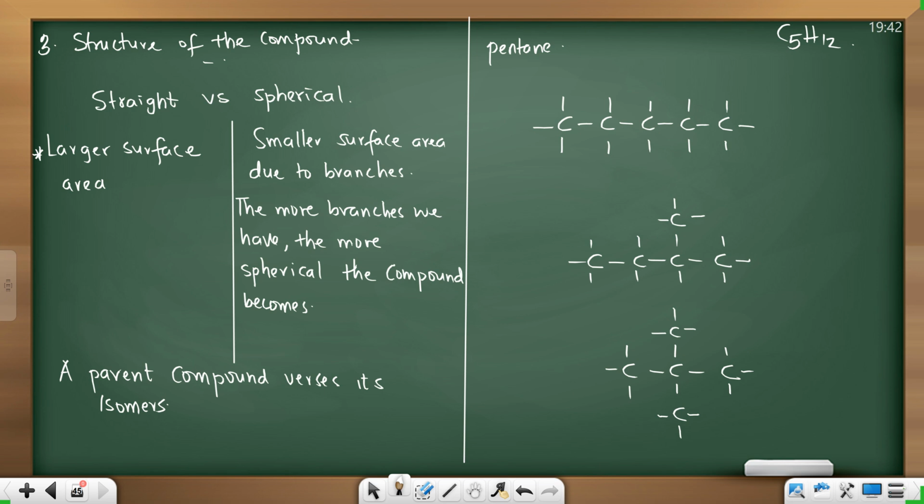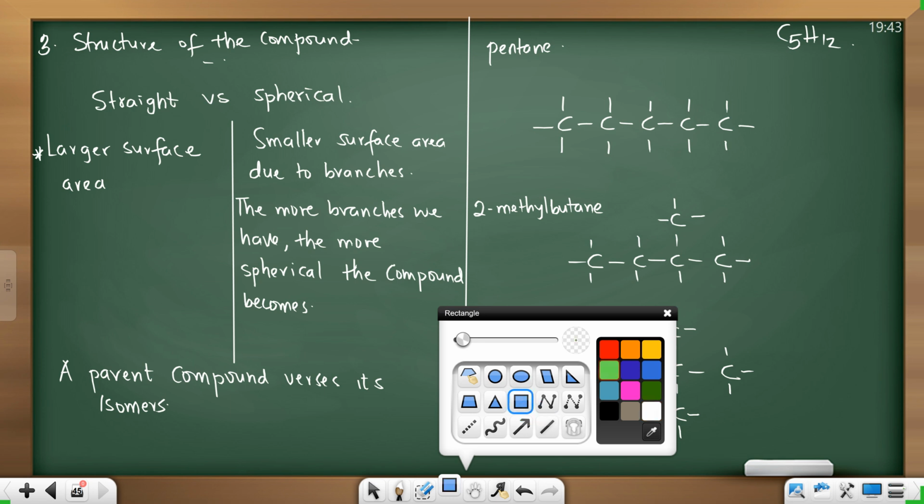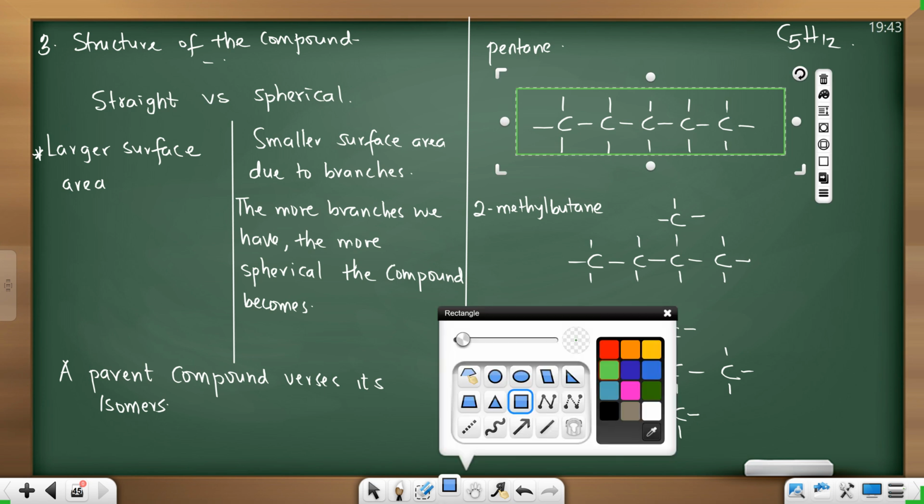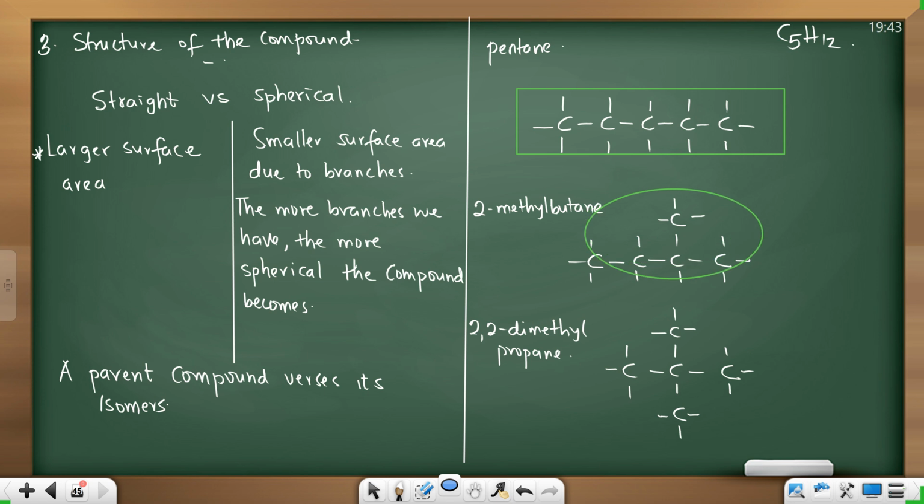This one is what? 2-methylbutane. This is 2,2. Please make sure you have 2 2's there. Dimethylpropane. But if you look at the shape, guys, if we were to draw a shape here, look at this. It's straight. Look at the surface area. But if I were to draw this, it is kind of becoming spherical.